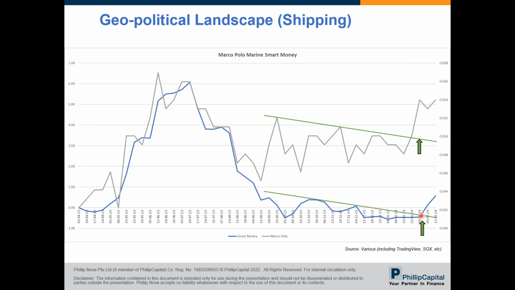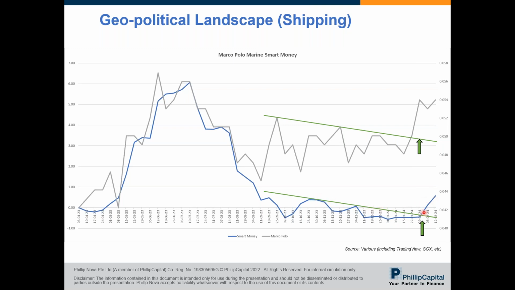And then suddenly it started to turn in the first 2 weeks of February. We see that smart money has been buying, and it looks to me increasingly so for the past 3 weeks. So at least so far, things look good, right?